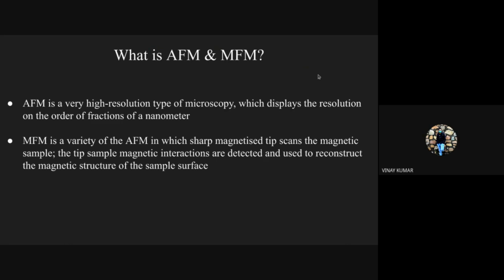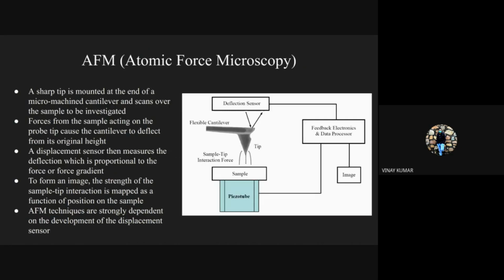Then comes MFM, which is a variety of AFM in which a sharp magnetized tip scans the magnetic sample. It is basically the same as AFM, but there is a coating of magnetic material on the tip. We will come to the tip in the experiment.